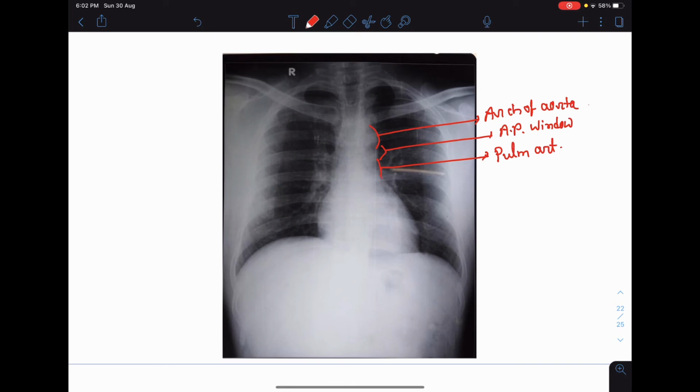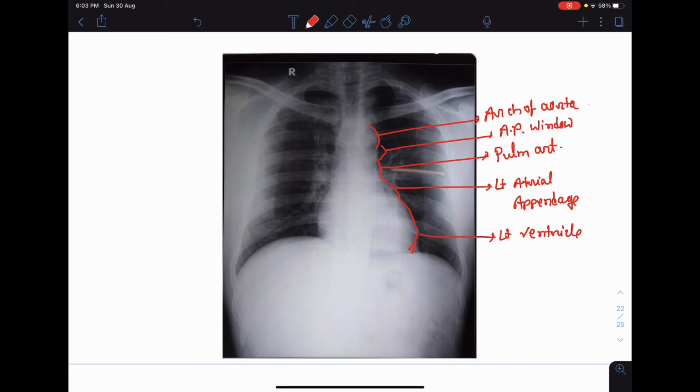This area is formed by the left atrial appendage. And this larger part of the left heart border is formed by the left ventricle.